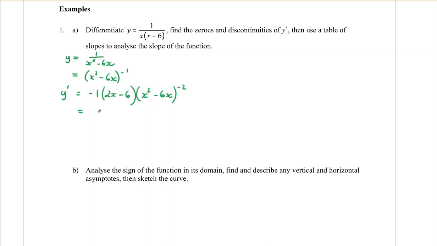So I'm going to have negative, and I can even, in that first bracket, there's a factor of 2 in there. I could factorize a 2 out to be 2 bracket x minus 3, close bracket. And on the bottom, I have my x squared minus 6x to a positive power of 2 when it's on the bottom of the fraction.